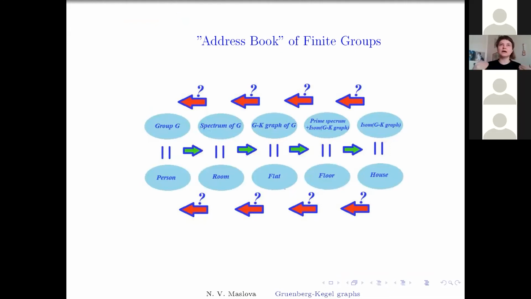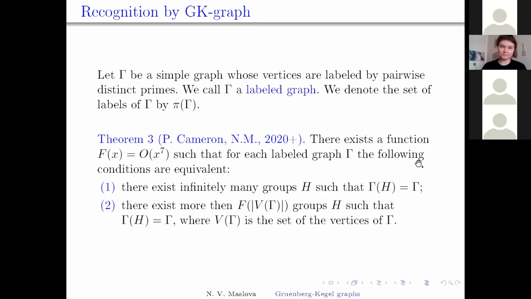This policeman doesn't know whether the number of persons in this flat is finite or infinite. Can we help the policeman to understand when he or she can say stop, the number of persons in this flat is infinite and I don't need to continue? Really, we can't help.